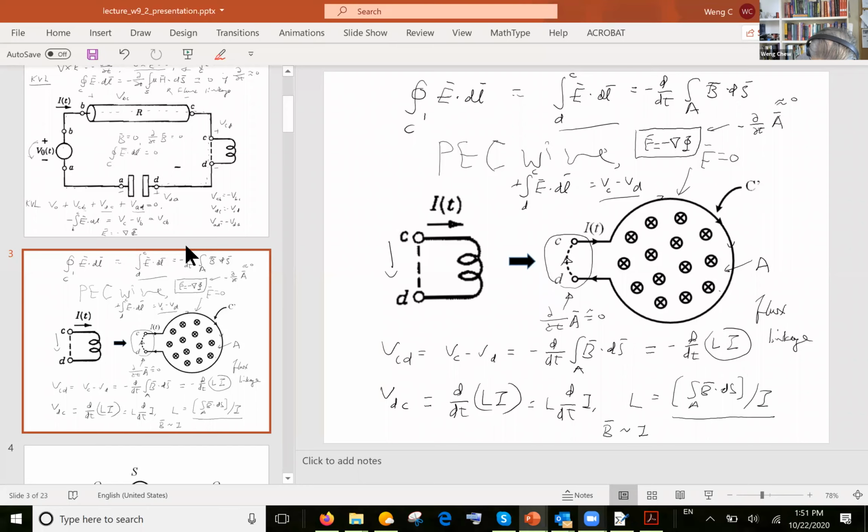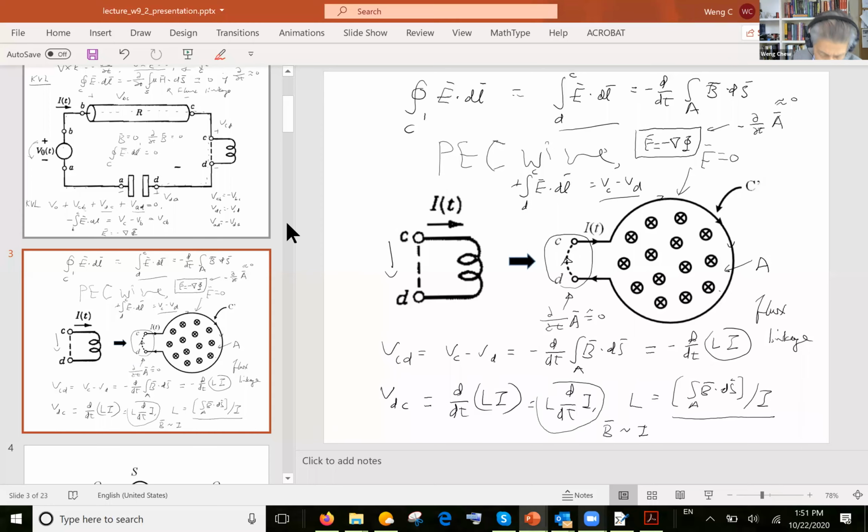Because it's proportional to the current, I can define a constant called the inductance in this manner, which is the flux linkage divided by the current. And I have this IV relationship of an inductor. This is what we often see in an inductor.